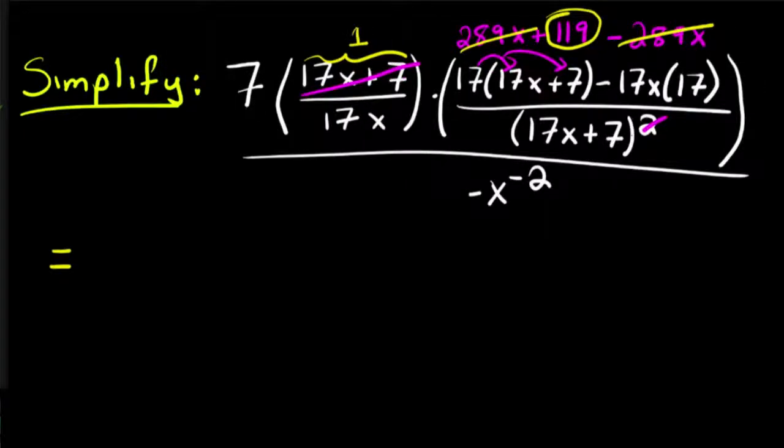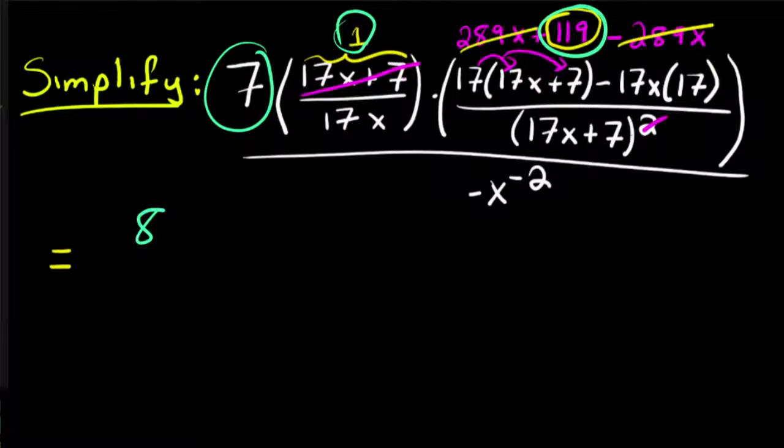So if I multiply the 7 that's right here times 1 times 119, I would get on the numerator 833. Okay, so that's all of this stuff because these guys canceled.